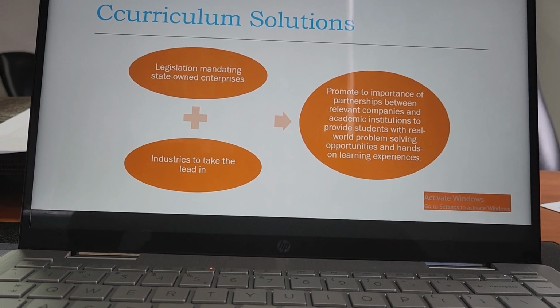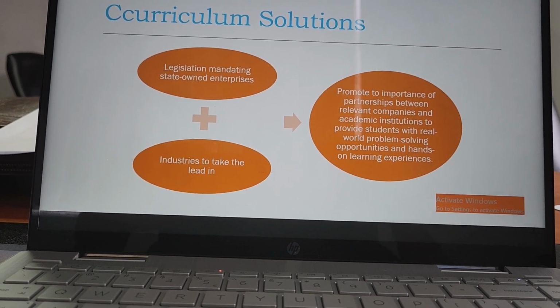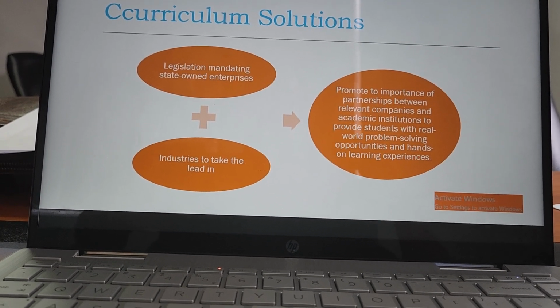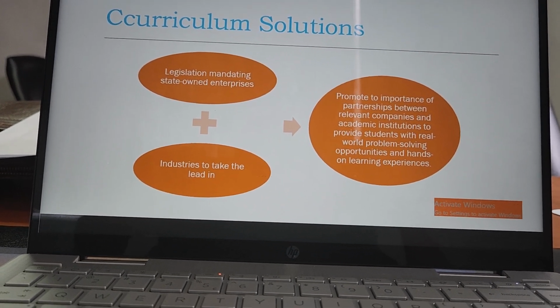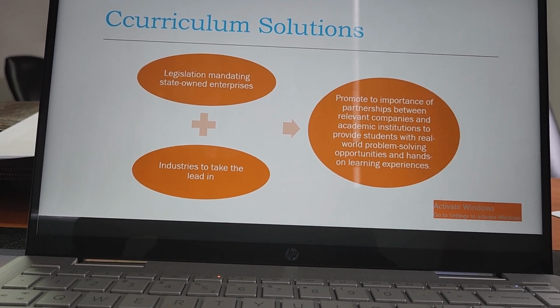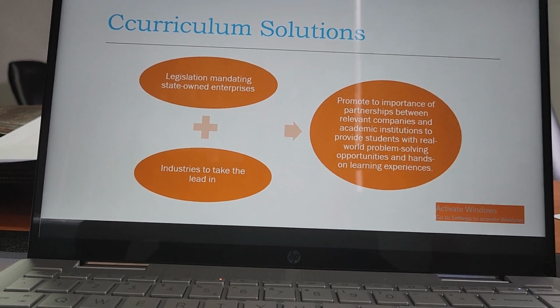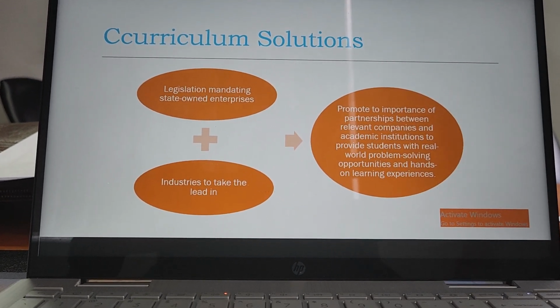Secondly, industries to take the lead in curriculum decisions. Now, if industries are part of the development of our curriculum, that will mean that whatever we as a college offer to our students is exactly what is relevant and what industry is expecting and waiting to respond to.